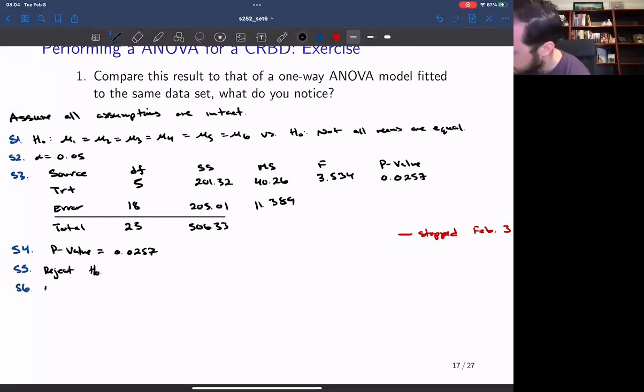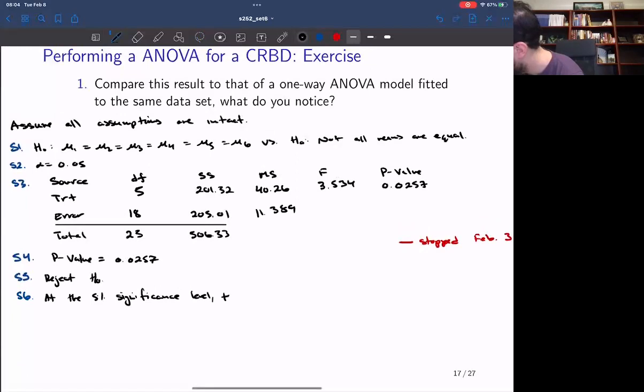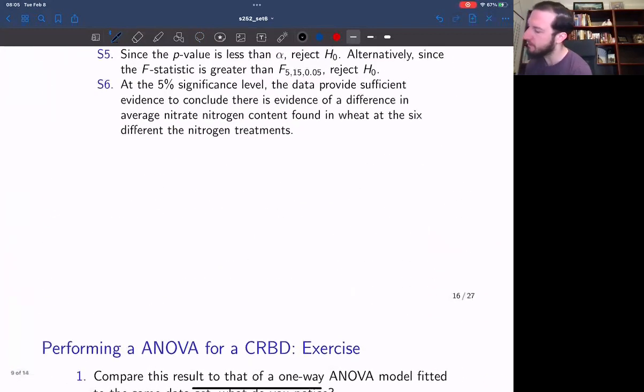And then we could say at the 5% significance level, the data provides evidence of a difference in the average content found in wheat at the 6 different treatments. And then we would have the same conclusion given on slide 16.